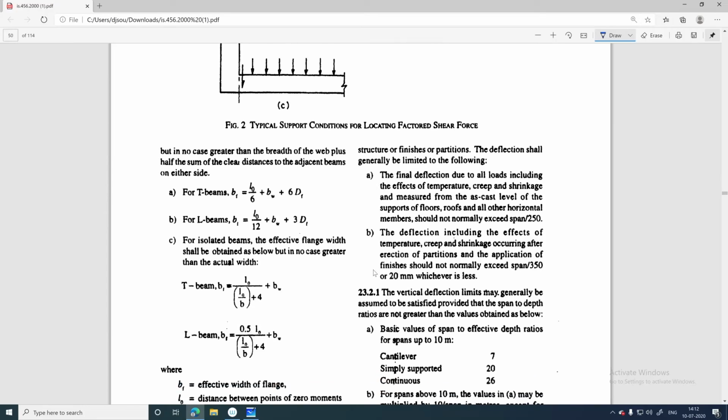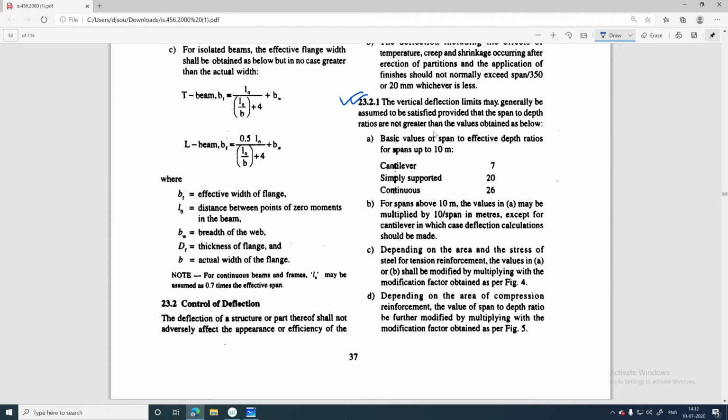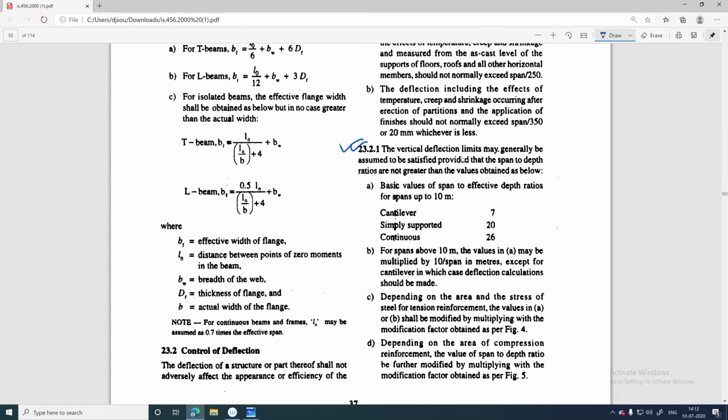Yes, this one, 23.2.1: the vertical deflection limits may generally be assumed to be satisfied provided that the span to depth ratios are not greater than the values obtained as given below. That means this is the maximum ratio of span to effective depth. These maximum values of the ratios are 7, 20, 26.